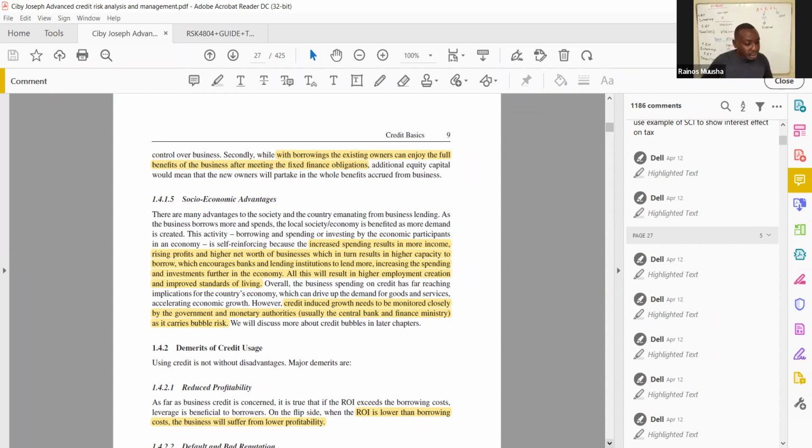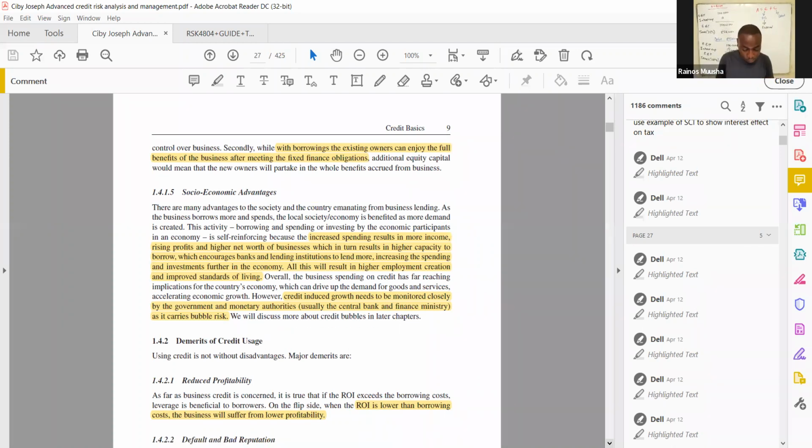If companies produce more goods because they're able to borrow more money, but there's no supporting demand for their goods and services, the bubble is eventually going to burst, because they'll have excess goods which are not being bought, and eventually the whole system crashes down.